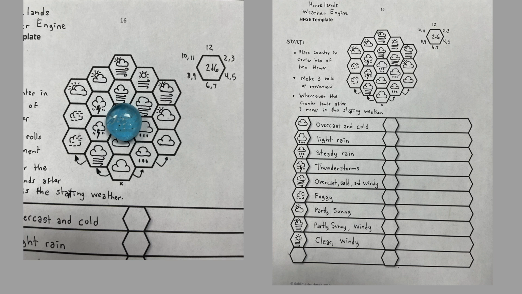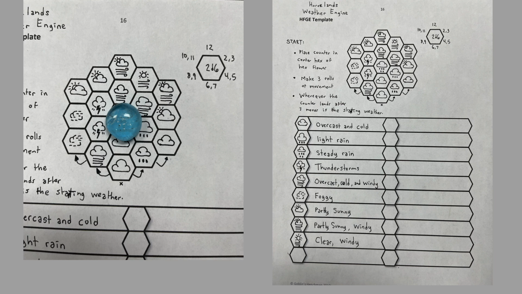I drew out those icons, and then put the key of what kind of weather each represented. I'm basing this weather on the original table in the adventure, in the zine, with a little bit expanded. I think that had 4 entries, and I've got it expanded out to 9 different entries.